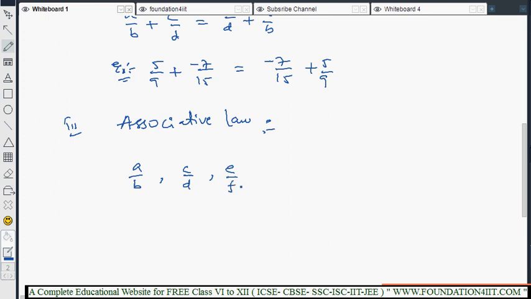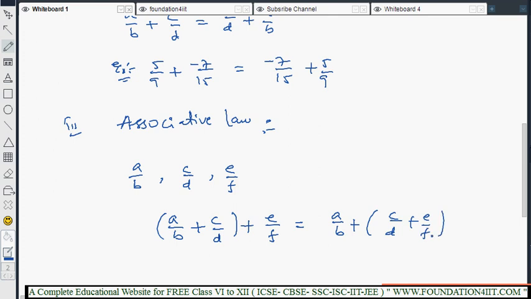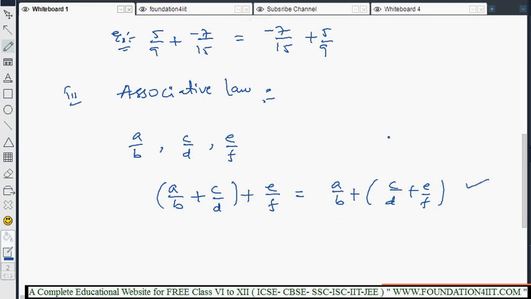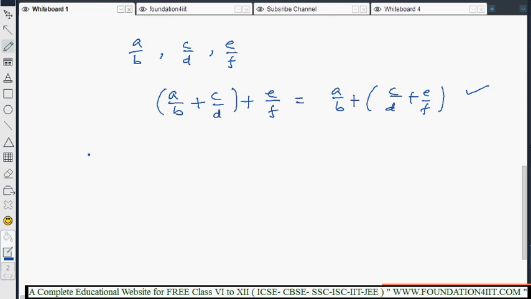Then a by b plus c by d, added to e by f, is also equal to a by b plus the sum of c by d plus e by f. Adding the second and third first, or the first two first, gives the same result. This is associative law, because addition of rational numbers follows all these properties.